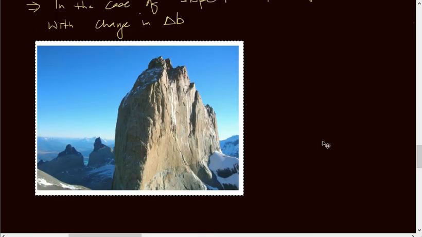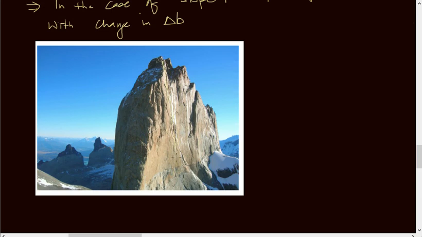So this is a very steep rock for rock climbing. And imagine that you have to move. You want to climb up.